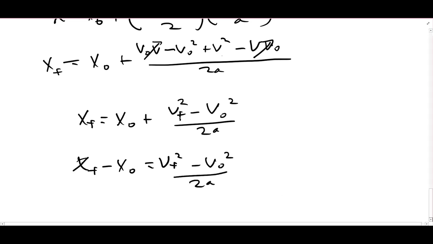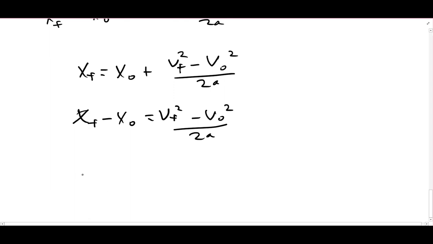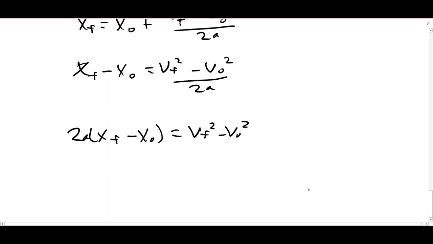We multiply that 2a over. And there's a reason we do this. It's basically because it's its most useful form. Okay, so then we just do v final squared equals v initial squared plus 2a (x minus x initial).